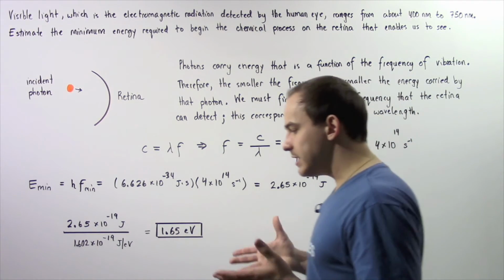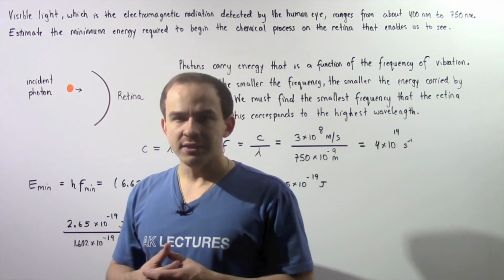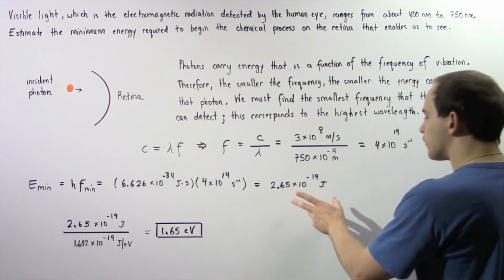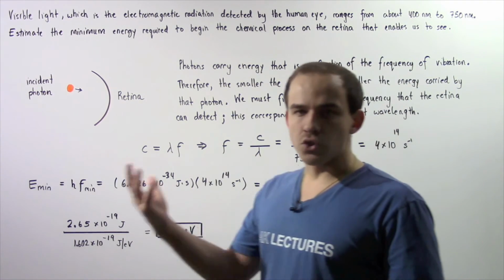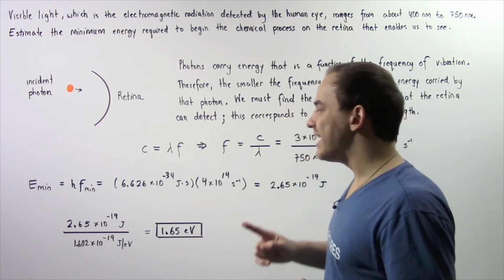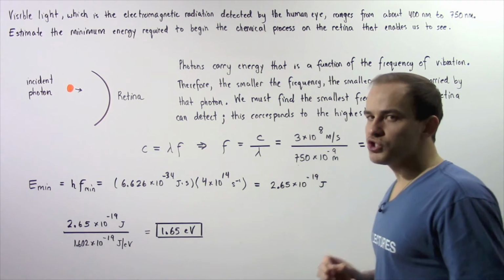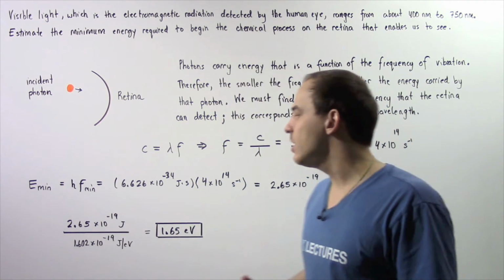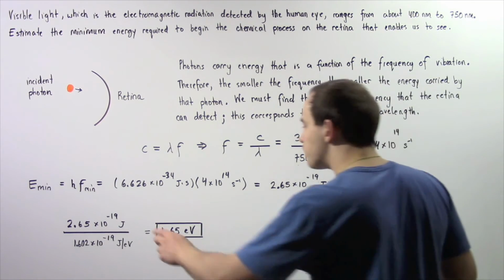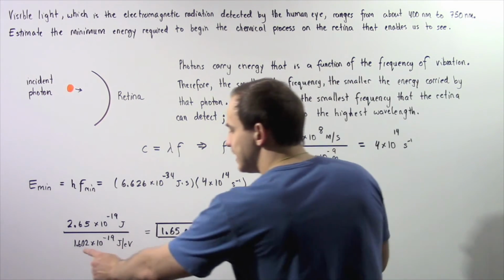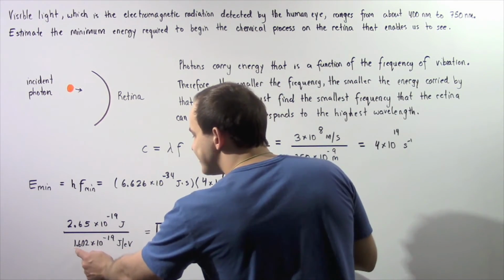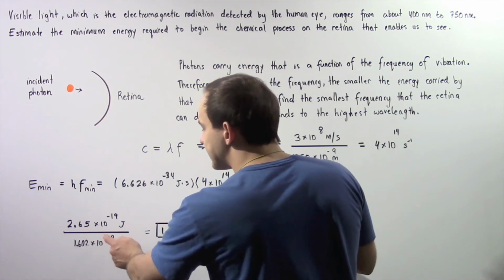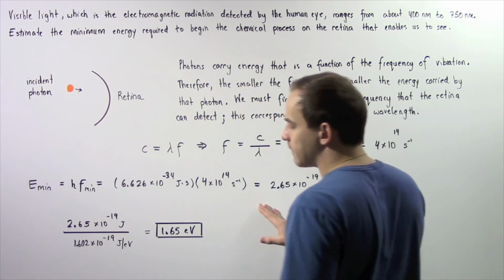Because we're dealing with microscopic quantities, we have to convert joules into electron volts. One electron volt is equal to 1.602 times 10 to the negative 19 joules. So we take this quantity and divide it by 1.602 times 10 to the negative 19 joules per electron volt.